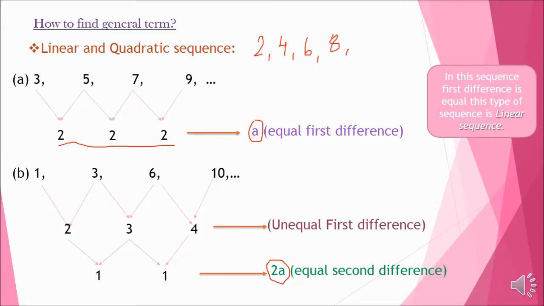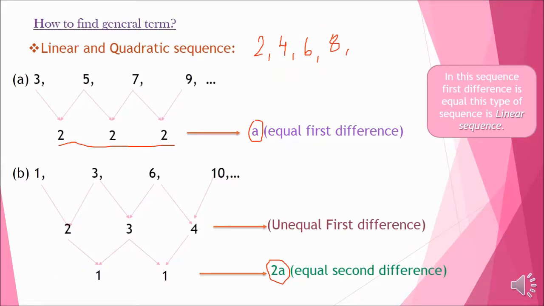Or you can say odd numbers, 3, 5, 7, 9. 3, 5, 7, 9 are odd numbers and 2, 4, 6 are even numbers. This is another example of a linear sequence.